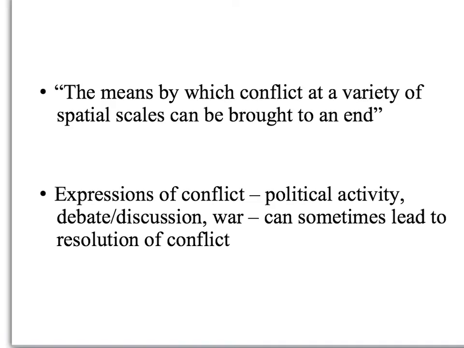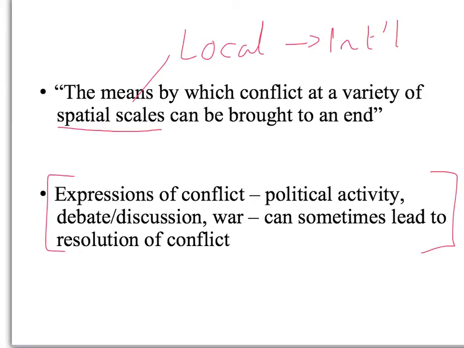So if we just look at the definition of conflict resolution, very, very straightforward. The means by which conflict at a variety of spatial scales can be brought to an end, and of course we're going to look here both at local right the way up to international scale conflict resolution. And an important point to draw out is this one down the bottom here that I think we have touched on in class already, is that the expressions of conflict, so how conflict is actually manifested across the world in terms of political activity.